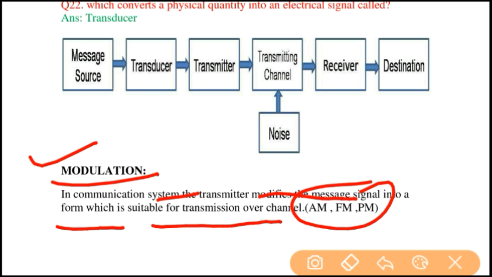AM is amplitude modulation, FM is frequency modulation, and PM is phase modulation. In amplitude modulation, the amplitude is changed. In frequency modulation, we change the frequency. In phase modulation, we change the phase.